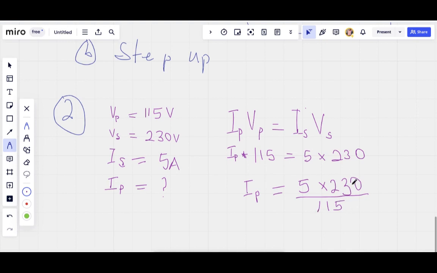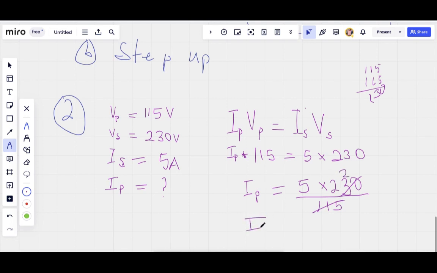This 115 can go into 230, right? That would be 2, since 115 plus 115 is 230. So this one goes into here, we get 2. 2 times 5, we get 10. So IP is 10.